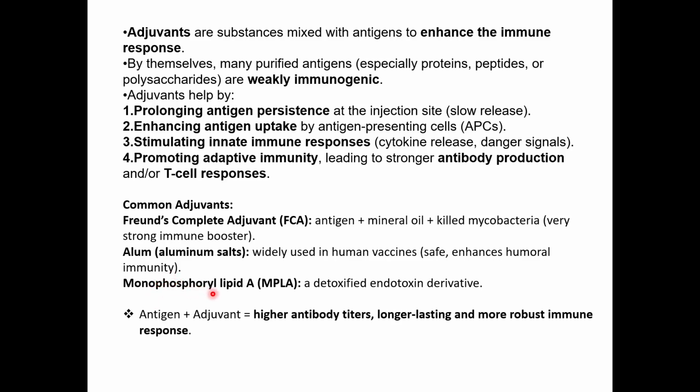Then monophosphoryl lipid A, MPLA, is a detoxified endotoxin. So this derivative is used as an adjuvant. So, an antigen, when not enough on its own to raise an immune response, is connected to an adjuvant so that it gives higher antibody titers, long lasting effects, and more robust immune response.